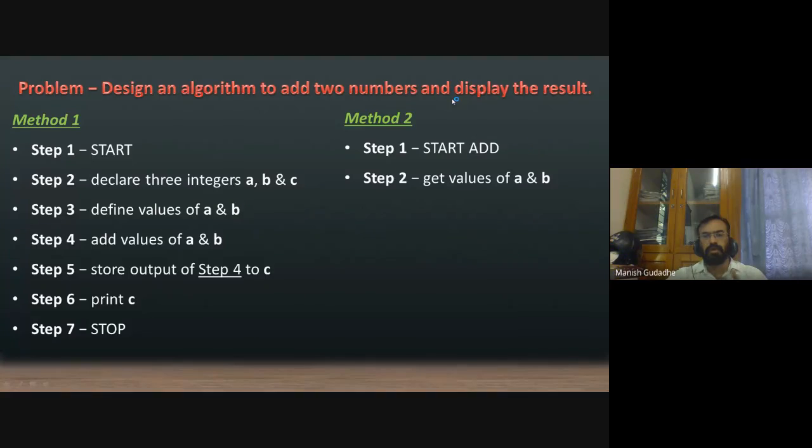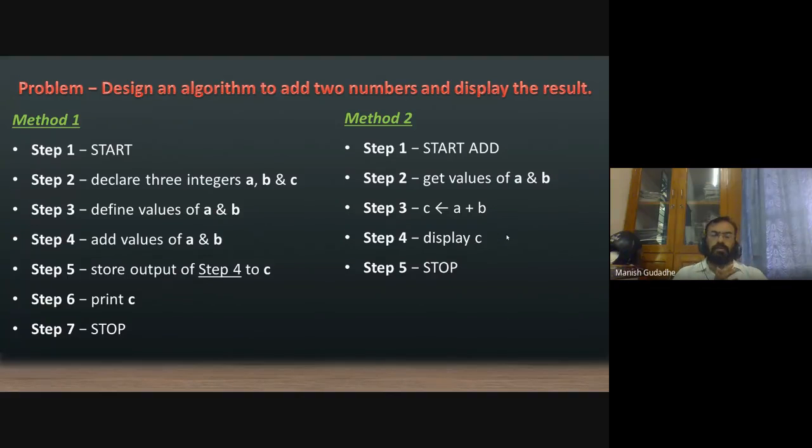If I am a good programmer, I can directly say get values of a and b, as it is understood that a and b have to be declared. c is equal to a plus b, and display c. So this is also another way of writing it. This also follows all the characteristics of an algorithm. It is again unambiguous, the input is clear, the output is clear, everything is well defined.